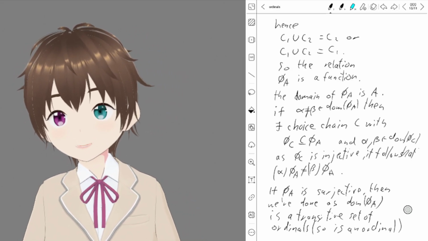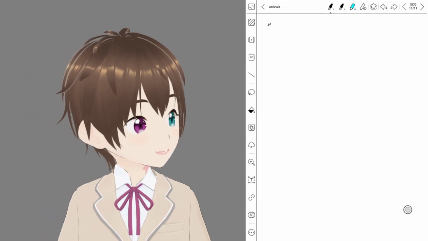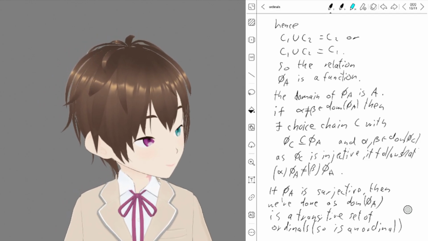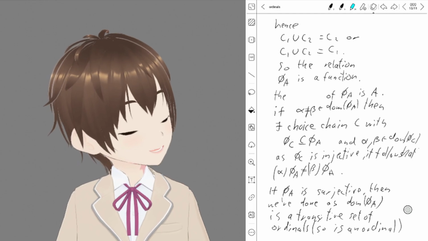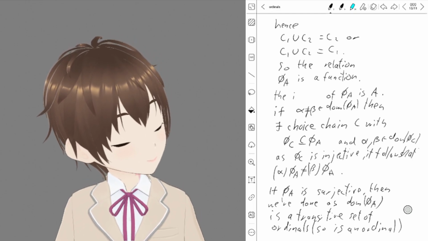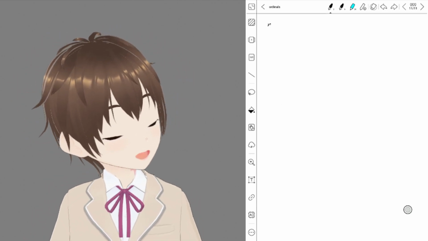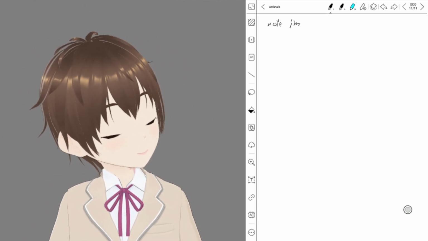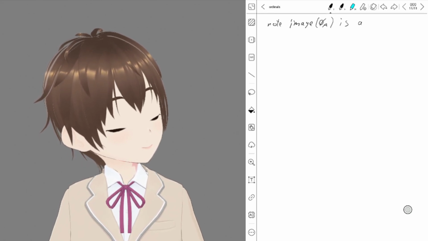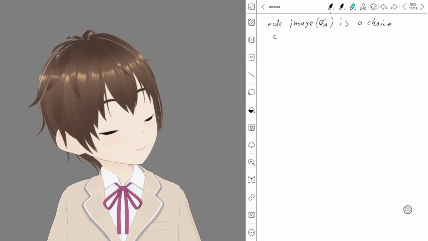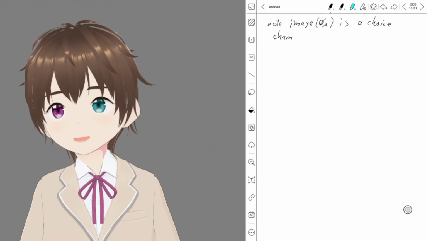So the image of this thing is a choice chain. So note, did I say that the domain of... So I should just have the image of phi A is A, not the domain. The domain is some ordinal. Okay, note the image of phi A is a choice chain, because phi A is a bijection from an ordinal to it.